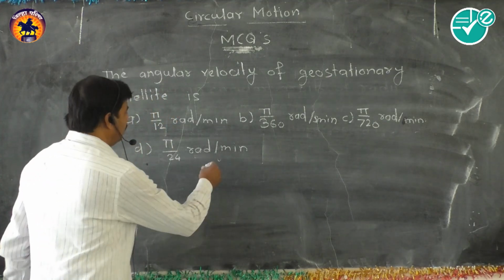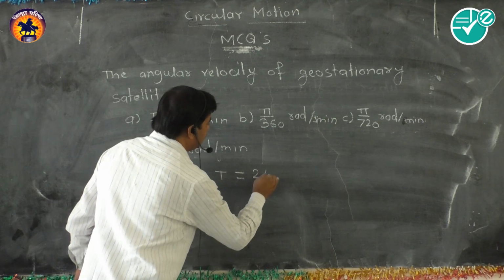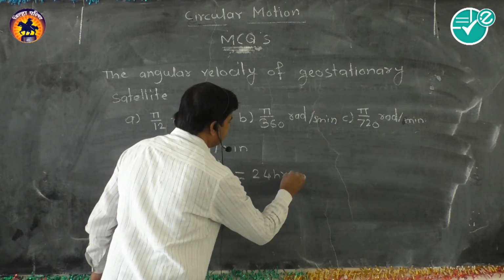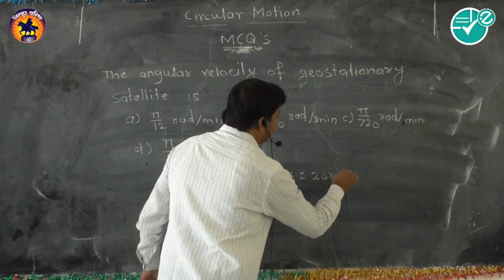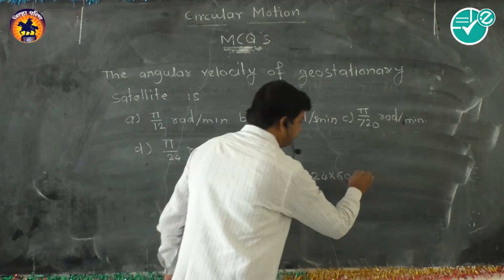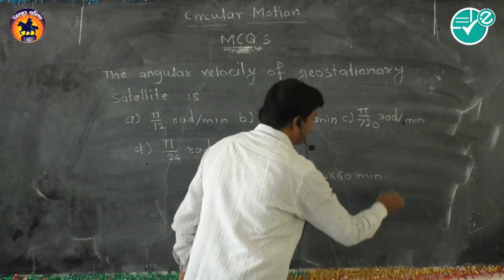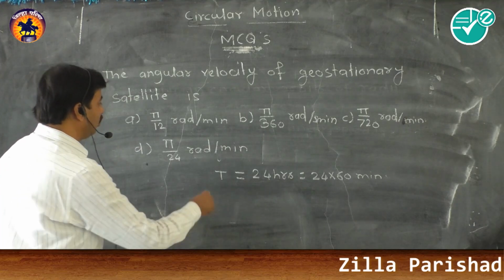So here we know that the periodic time of the satellite is 24 hours. So it will be equal to 24 into 60, that will be the minutes. And we have to calculate the angular velocity.